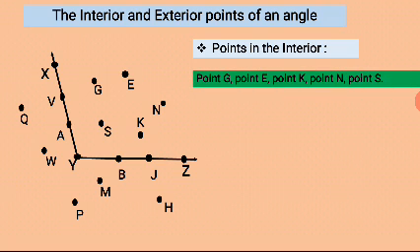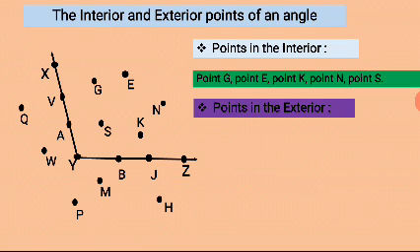Point G, observe carefully, point E, point K, point N, point S. These are the interior points. Next, points in the exterior. Exterior means in the outer place. Point Q, point W, point P, point M, point H. These points are exterior points.